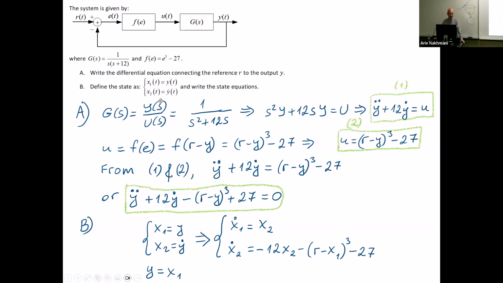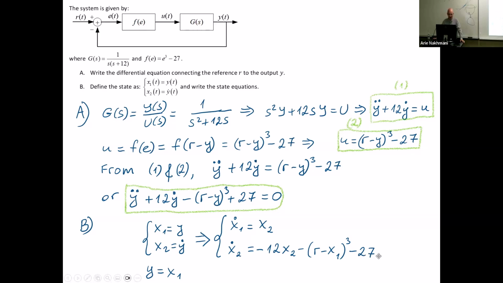In part B, we want to define state as y and y dot. These are my x1 and x2. And pay attention, this is a second order, so I need only 2 states, right? So as I define them, x1 equals y, x2 equals y dot. So x1 dot equals y dot, which is x2. And x2 dot equals y double dot. So I'm using that equation, and I'm moving that part to the left, because y double dot equals minus that entire thing.